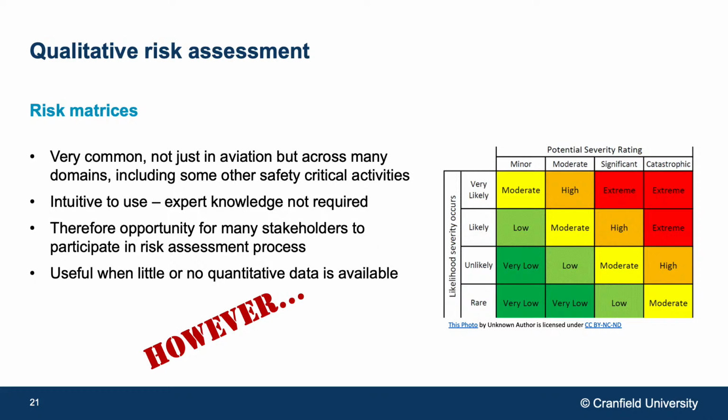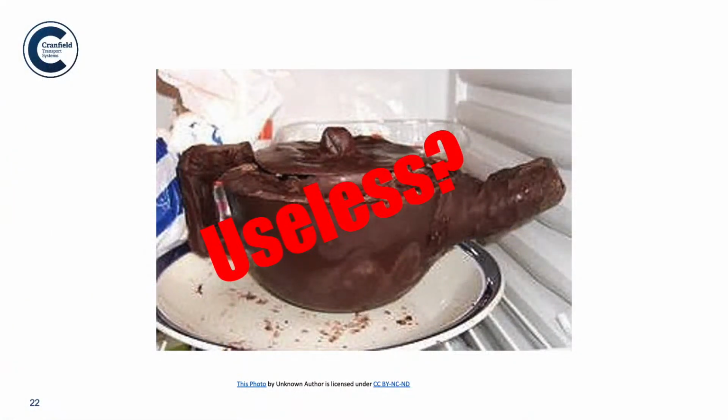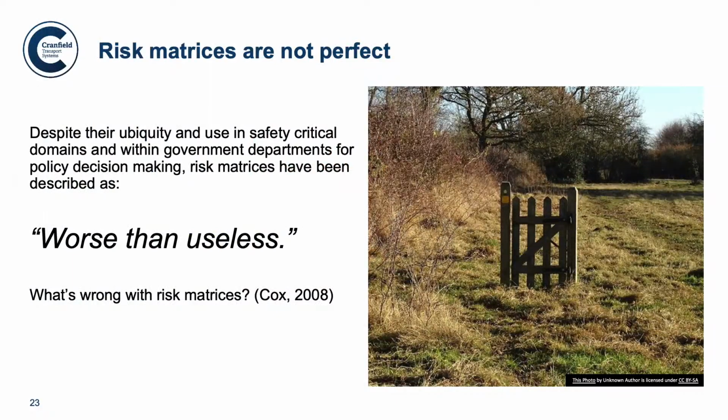However, some people have said that risk matrices are actually worse than useless. By the way, that's meant to be a chocolate teapot rather than a turd on a plate. So it's not my picture. But yes, there's a really interesting paper by Anthony Cox in 2008.